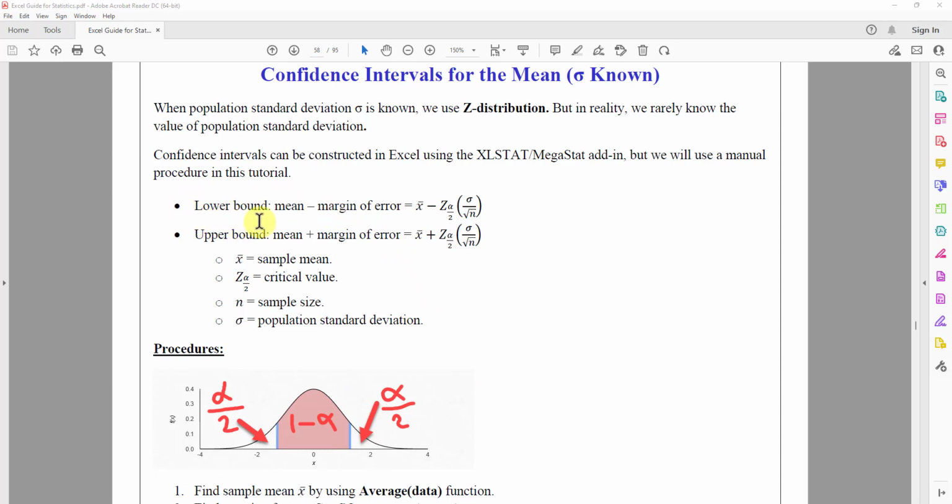Recall that the lower bound for the confidence interval is the sample mean, x bar, minus the margin of error, which is the z of alpha over 2, the critical value, multiplied by sigma, the population standard deviation, divided by the square root of n, where n is the sample size. For the upper bound, we just change the minus to the plus.